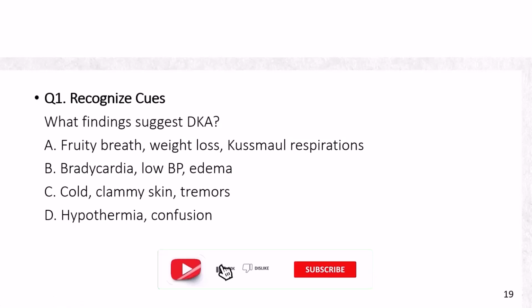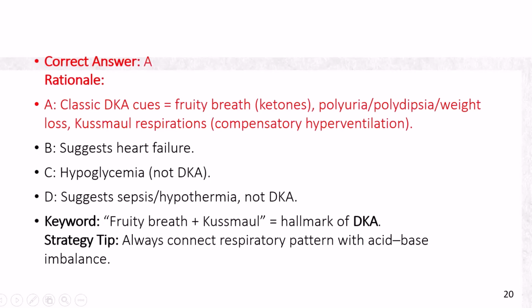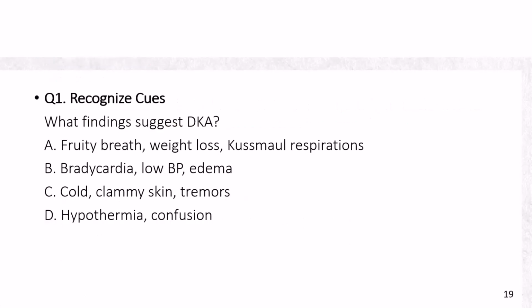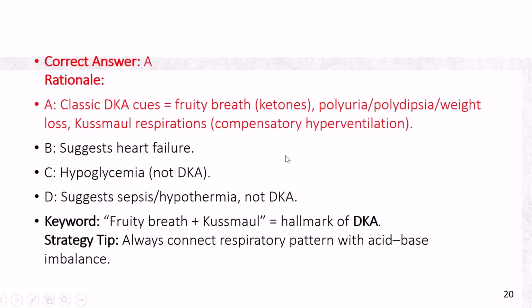So here you are applying your content on DKA. Let me show you. Yeah, we just run through. So the answer is A, okay? The answer is A: fruity breath, weight loss, and the Kussmaul kind of respiration.